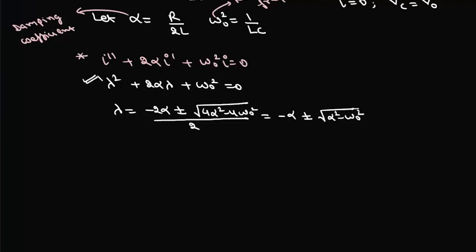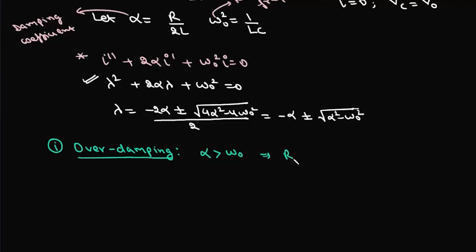So for this RLC circuit, we'll have three conditions, and the first condition is the condition of overdamping. We'll have overdamping when the discriminant is greater than 0, that is, when alpha is greater than omega naught. And we know that alpha is R upon 2L and omega naught is 1 upon root LC.